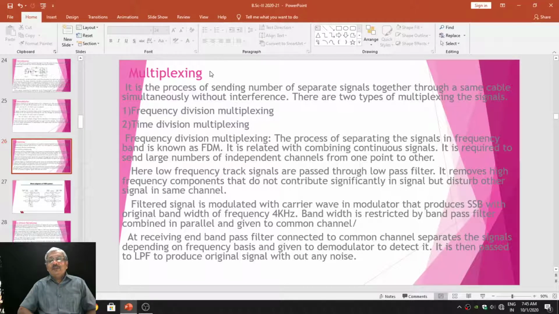The same aspect is used in the field of electronic communication to transmit and receive signals. From the point of view of electronic communication, we can say multiplexing is the process of sending a number of separate signals together through the same cable simultaneously without interference.